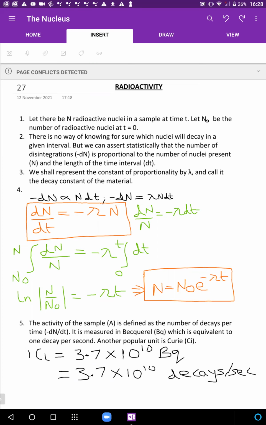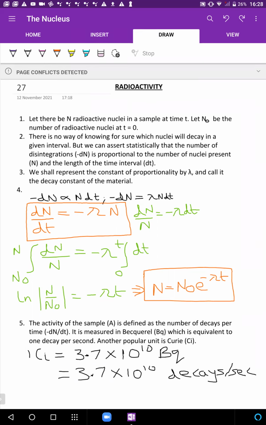So if I increase the number of people, the number of deaths increases. If I increase the time interval, obviously the number of deaths increases. It's the same situation here, with nuclei decaying instead of deaths, and nuclei instead of people. So the number of decays, the number of disintegrations, is proportional to the number of nuclei and proportional to the length of the time interval. Got it?